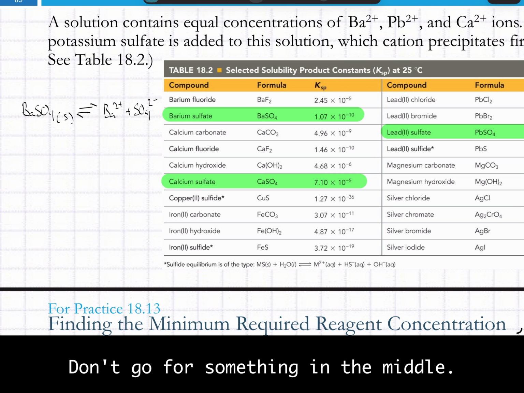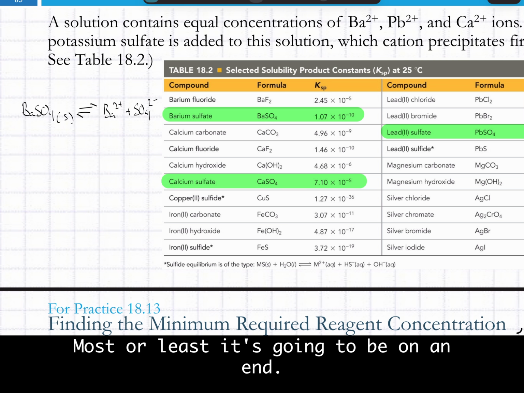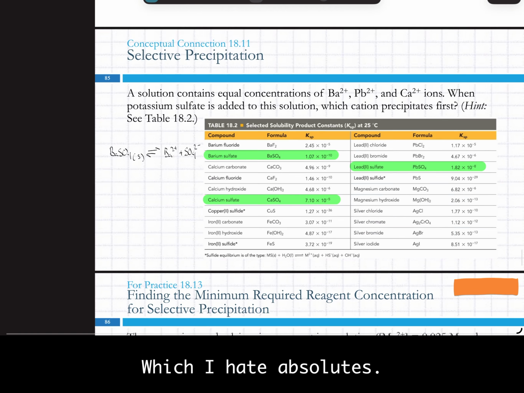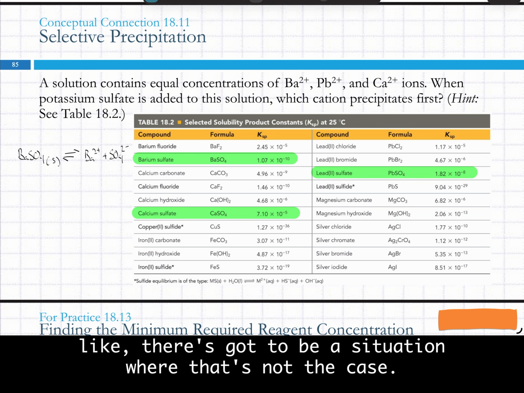Don't go for something in the middle. Most or least, it's going to be on an end. Which I hate absolutes, so my brain's immediately like, there's got to be a situation where that's not the case. It probably is.